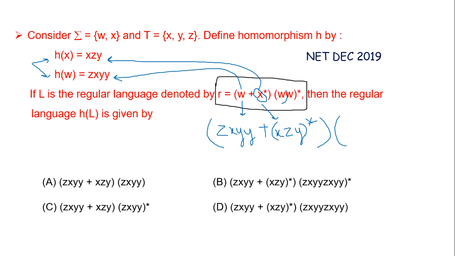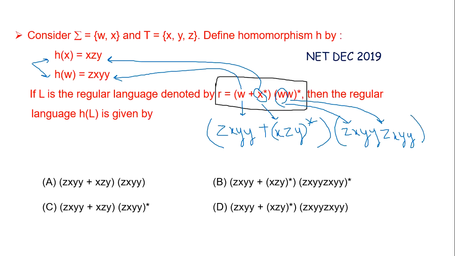Now again we will replace this w with h of w, that is zxyy. Again we have w. Again replace this w with the same string, that is zxyy.